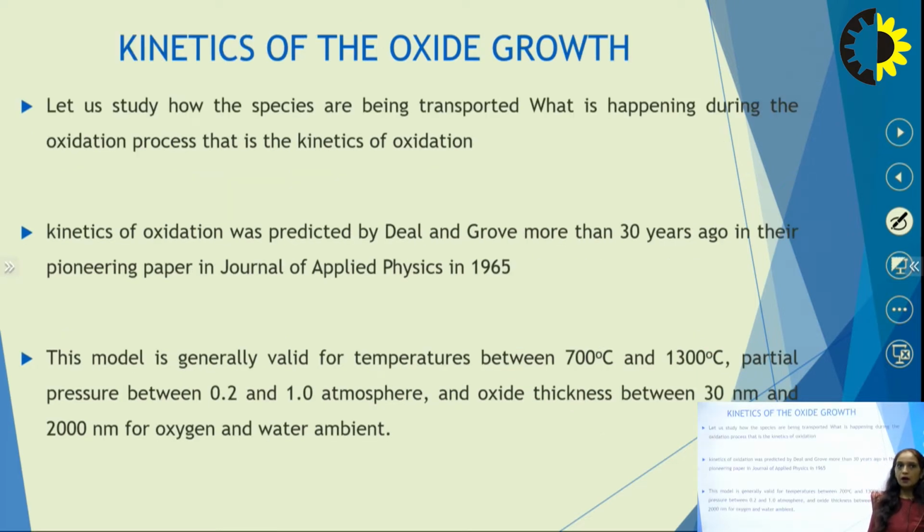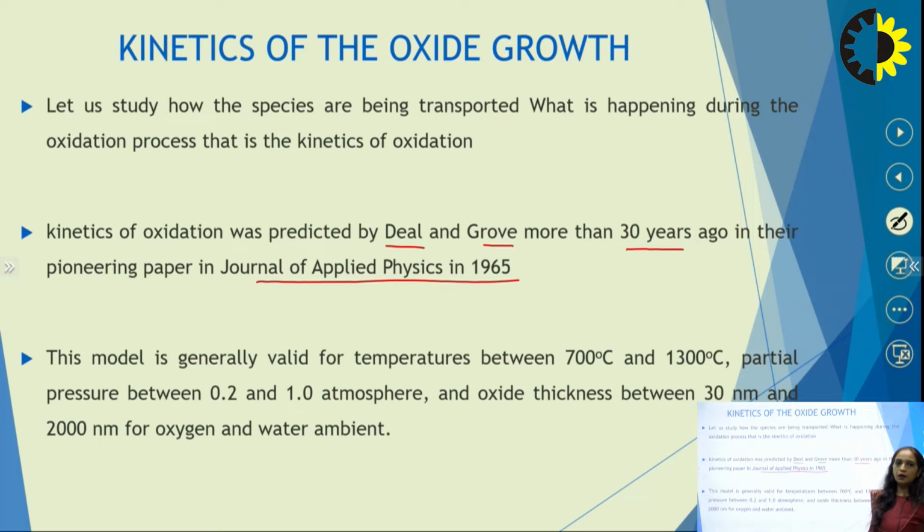So let us study how the species are being transported and what is happening during this oxidation process. The kinetics of oxidation is predicted by Deal and Grove, and it was invented 30 years ago and published in the Journal of Applied Physics in 1965.